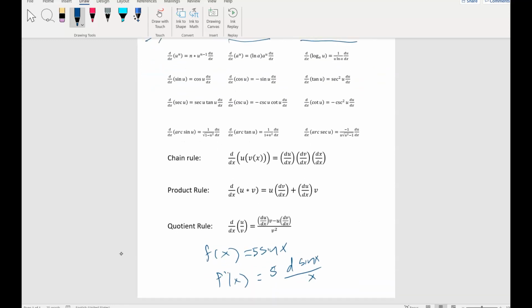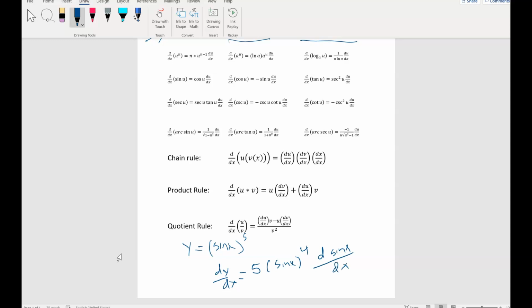So for example, if my y was sine x to the 5th, then my dy dx would be 5 times sine x to the 4th times the derivative of sine x. Okay, that's what the power rule is saying. You multiply the front by the power, drop the power by 1, and then multiply by the derivative of the inside.